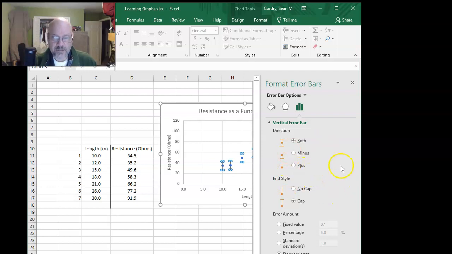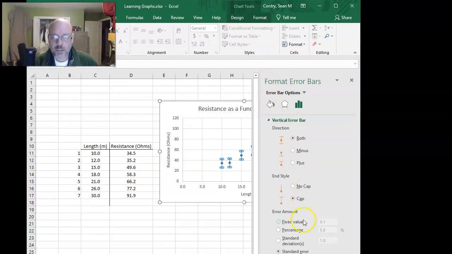We could pick below, above, or both, whatever. We can make it so it's flat, not flat on top, or flat on top and bottom, that sort of thing. And down here is where we put in the actual value.